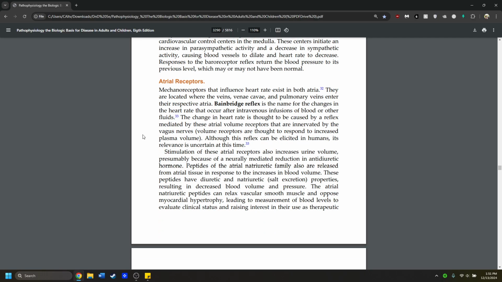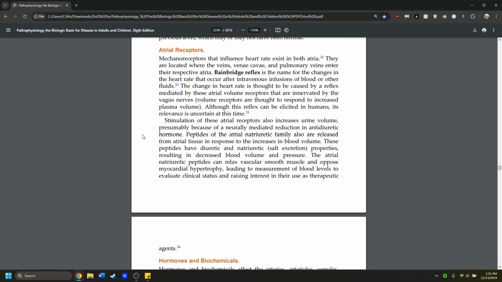Atrial receptors, mechanoreceptors that influence heart rate, exist in both atria. They are located where the venae cavae and the pulmonary veins enter their respective atria. The Bainbridge reflex is the name of the changes in heart rate that occur after intravenous infusions of blood or other fluids.